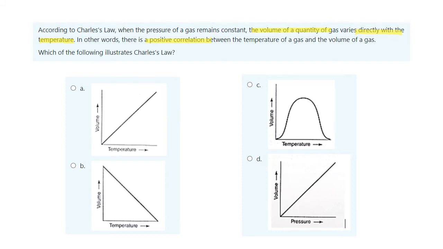So we are looking at the temperature and the volume. And then we have pressure and volume. But the pressure is remaining constant. The pressure is not changing.